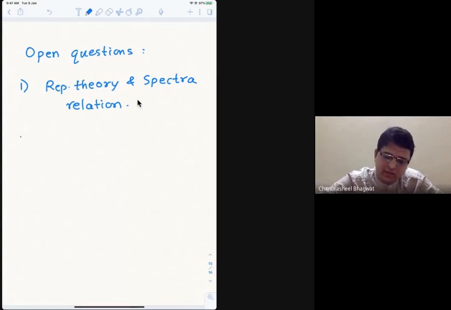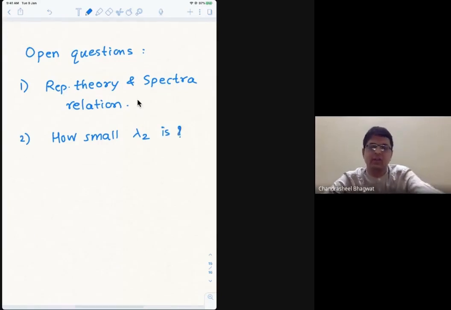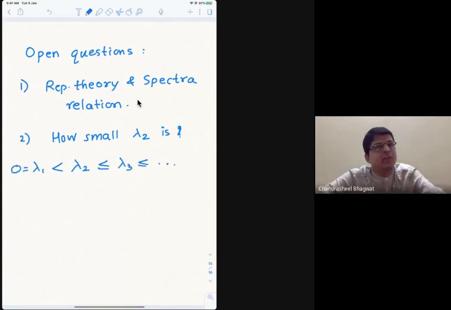The second interesting kind of question is how small lambda 2 is. I'll just put this question in this very vague format. The motivation is something like this. The lambda 1, which is the smallest eigenvalue, what is known is that the first eigenvalue is always 0, for the stupid reason that you just look at the function which is constant 1 everywhere.